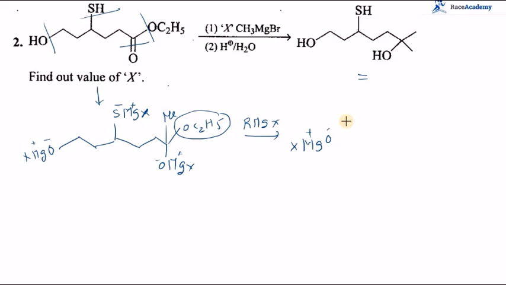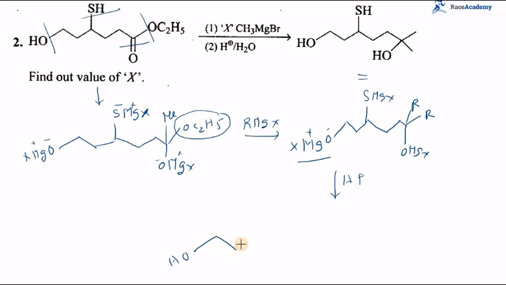Finally we will get XMgO minus here, that OMgX here, and two alkyl groups will come here once the OC2H5 is removed. After acid hydrolysis, this OMgX will become OH, and SMgX will become SH, a thioalcohol.